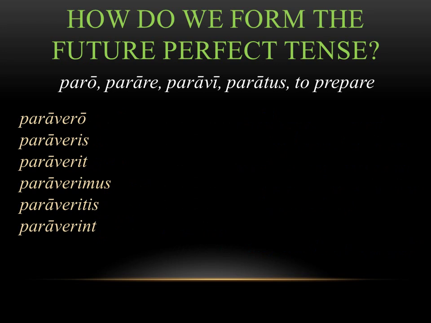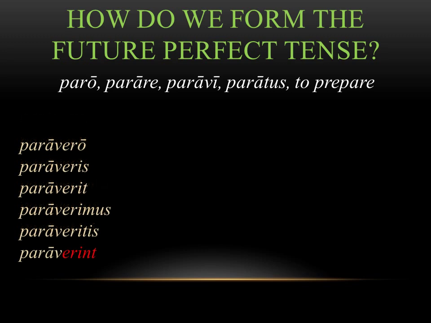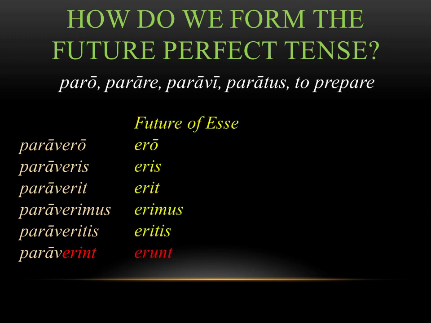If we pay attention to the endings here, there's one that will probably stick out to you as being not quite what you expected. And that's the third person plural, which I've highlighted here in red. Now, think to how we conjugate esse in the future tense. You probably remember it goes ero, eris, erit, erimus, eritis, erunt. That third person plural, erunt, is the problem, and it has to do with the perfect tense.